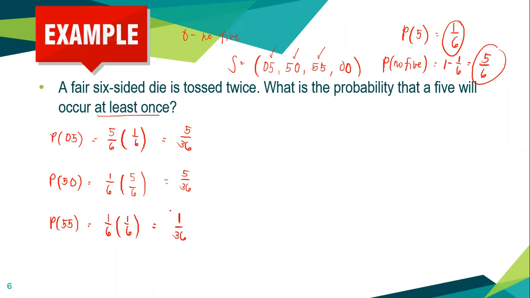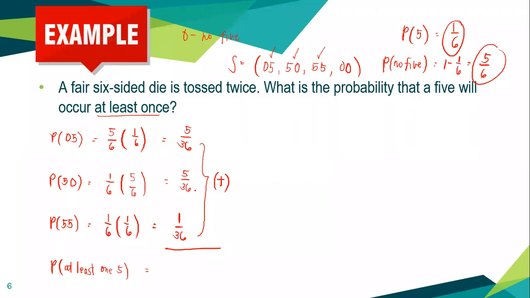Ang gagawin natin dito, probability of at least 1/5 na mag-occur. So, itong tatlo, i-add mo lang.